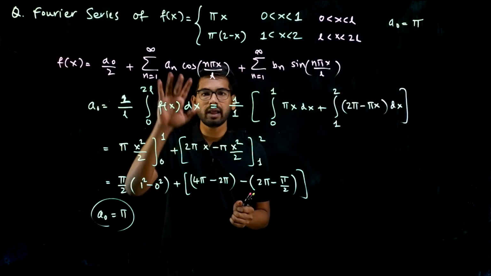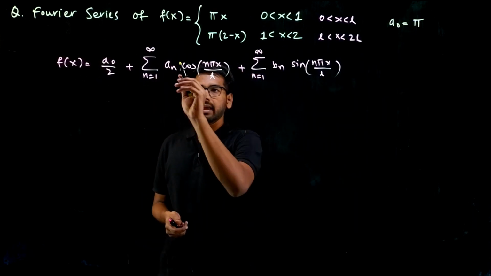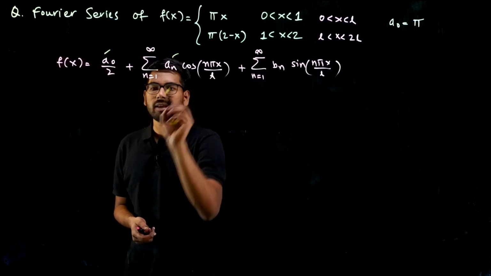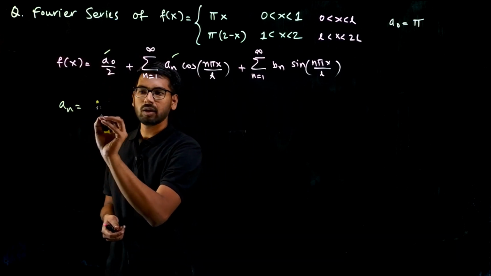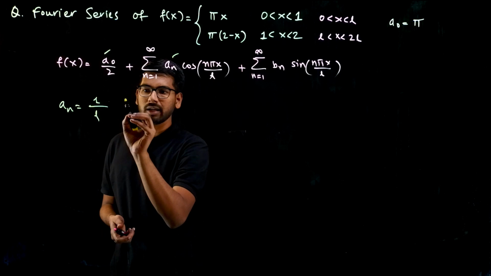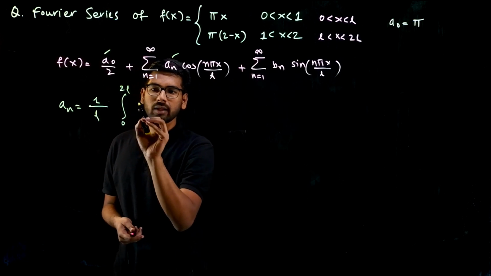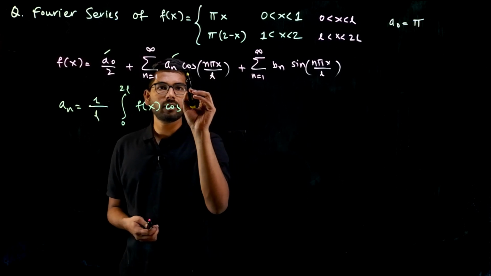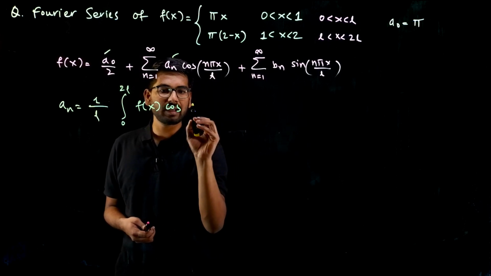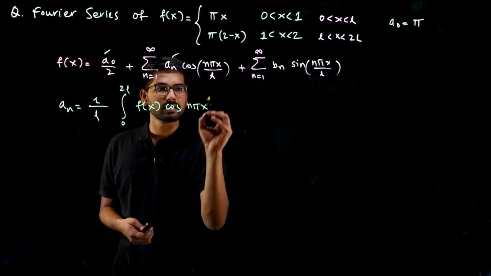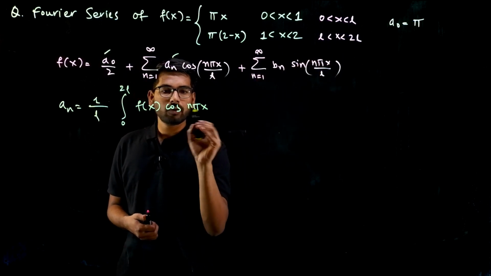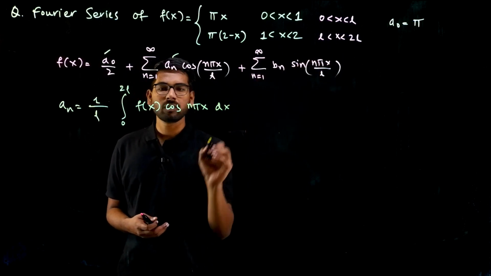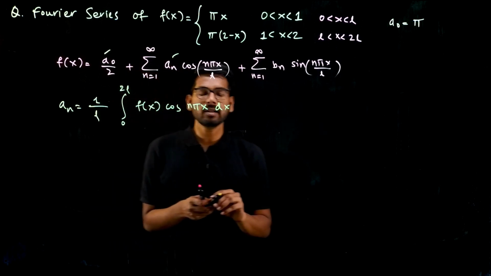Now next we have to find an. We found a0, next is an. an is 1 by L, integral from 0 to 2L of f(x) cos(n pi x by L) dx, whatever is beside n here, that is cos(n pi x by L). So if you substitute f(x), what will you get here?